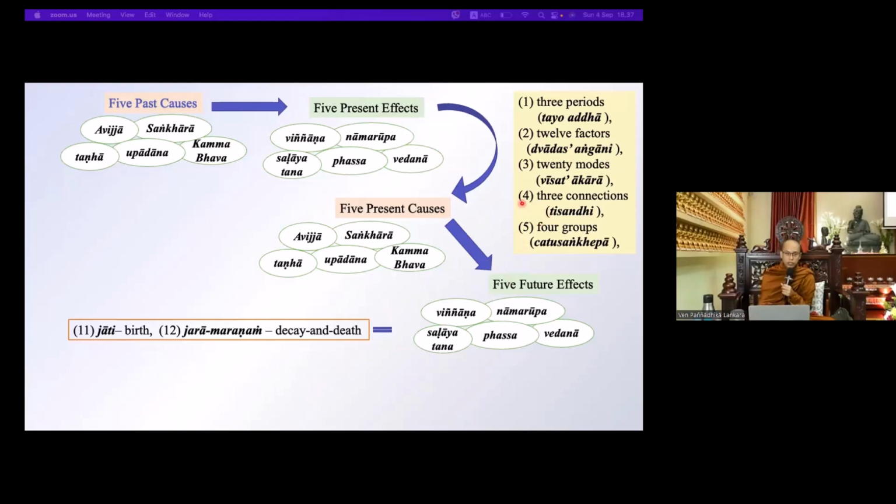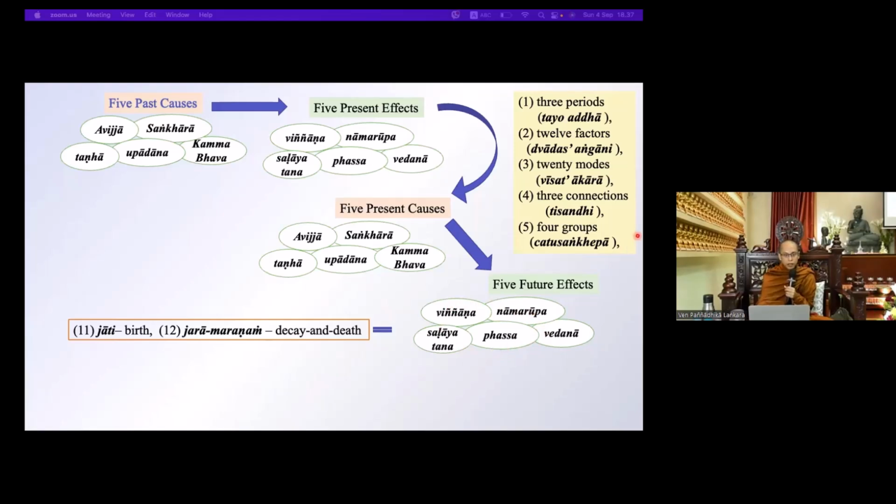In this way, these are called the three connections. And in the group, so here four groups, the past group and present two groups and future one group become two groups. So how does this become the Jati Jara Marana, referring to the five groups of Vinnana, etc.